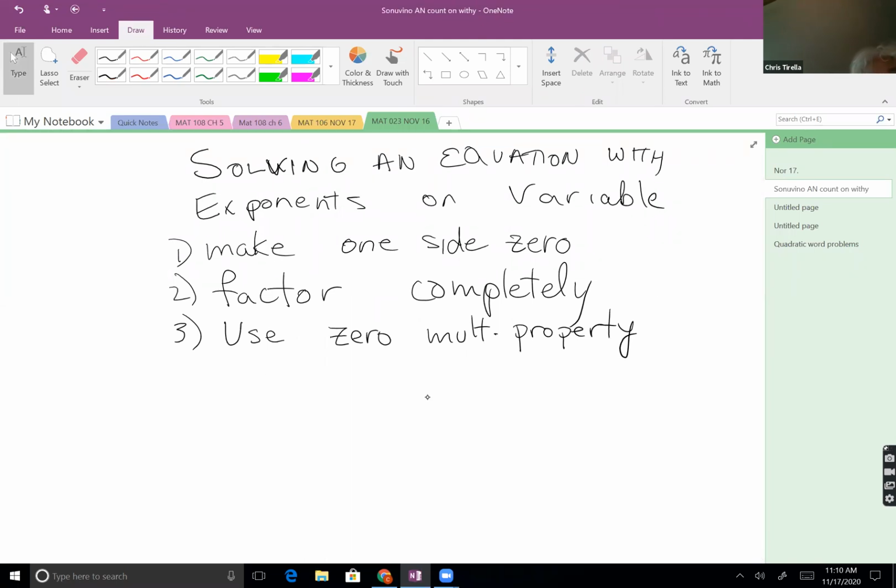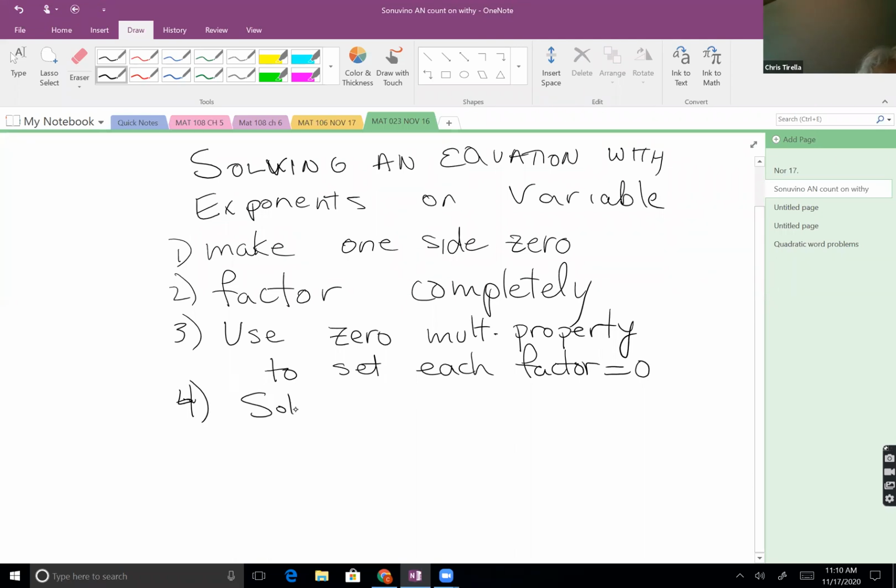So we use the 0 multiplication property to set each factor equal to 0, which gave us several equations to solve. And then we always finish by doing a check. And if I remember correctly, we got through several examples of those.